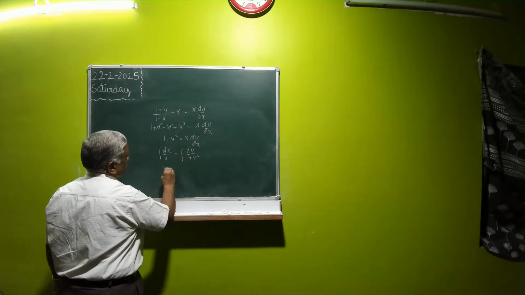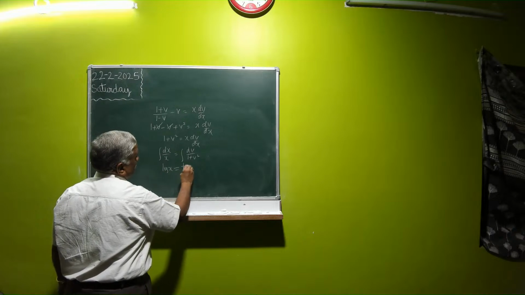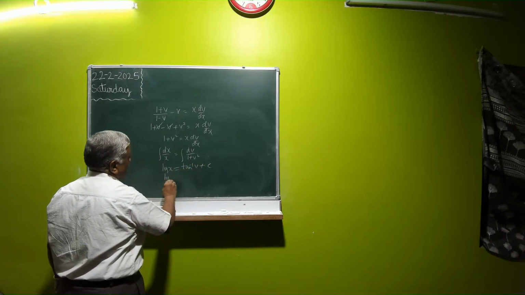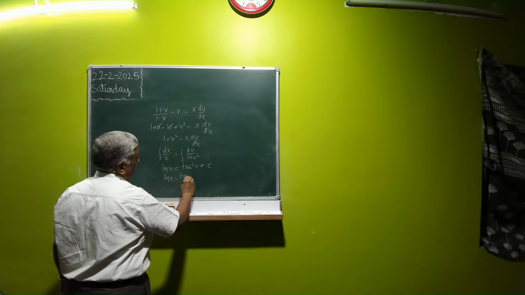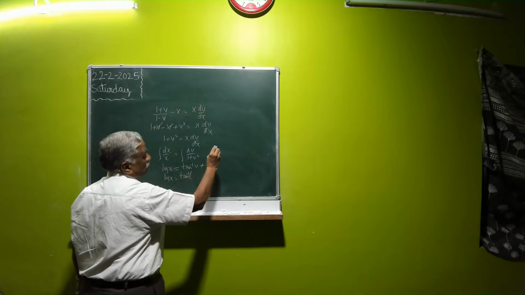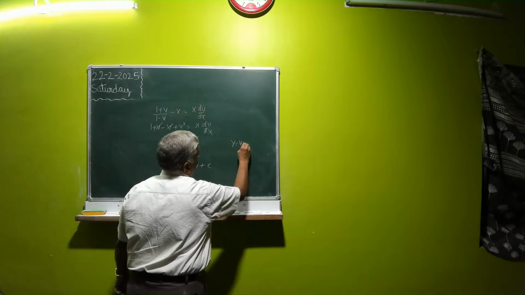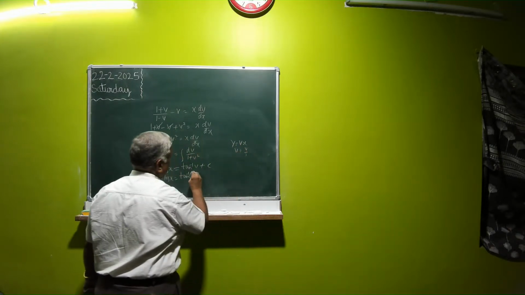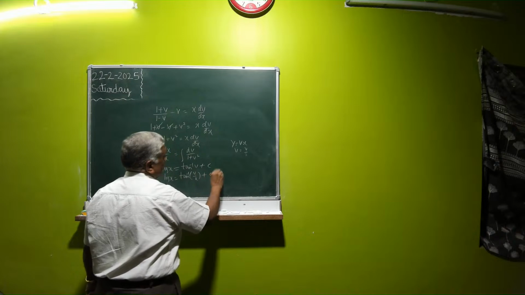This is log x. What about this? tan inverse v plus c. What is v? v is equal to y by x. So tan inverse y by x. You can do that.